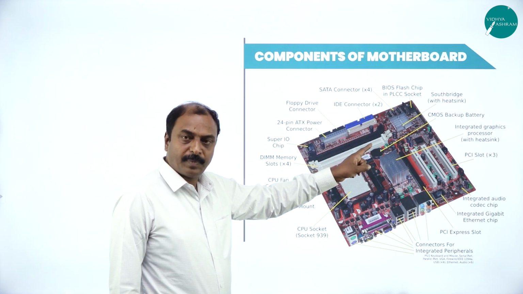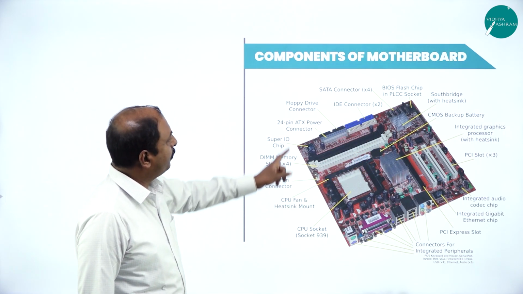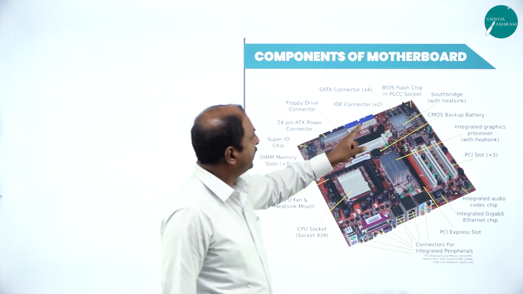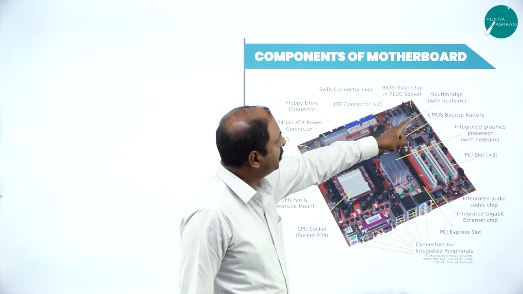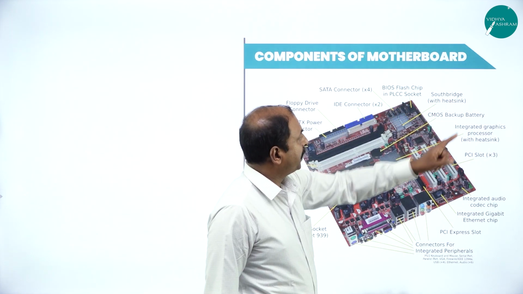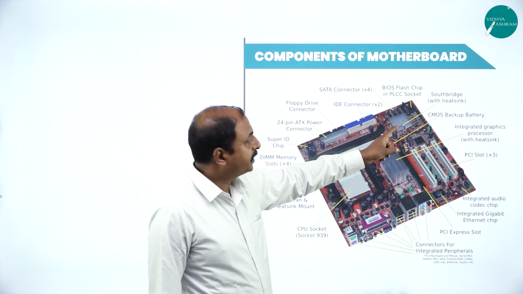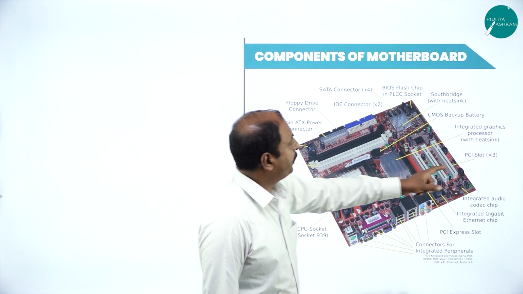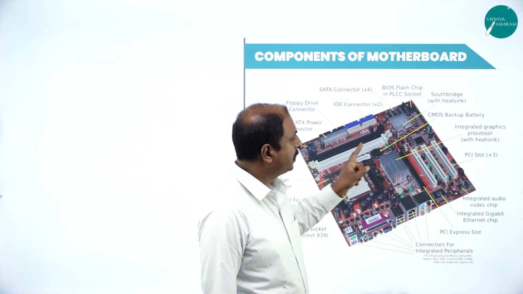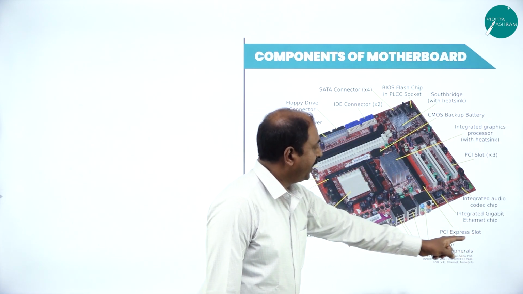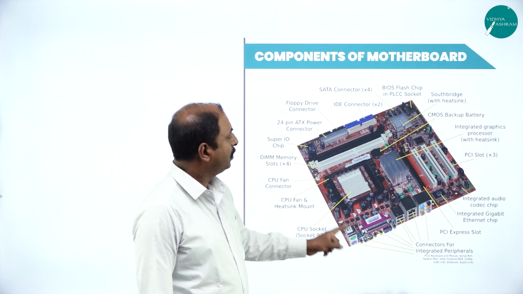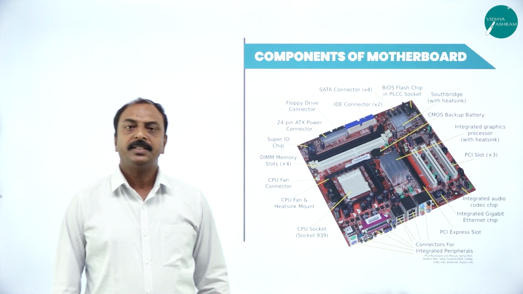This is your memory slots and power connectors and IDE connectors and BIOS chip here and south bridge. It is a chipset supporting chip, and again PCI slots. These are the slots and PCI Express slots. So these are all different components on the motherboard.